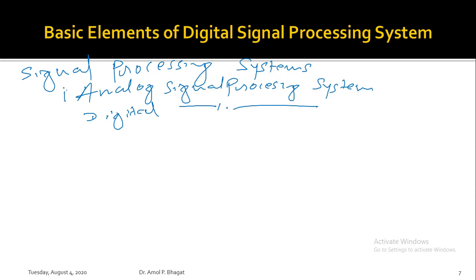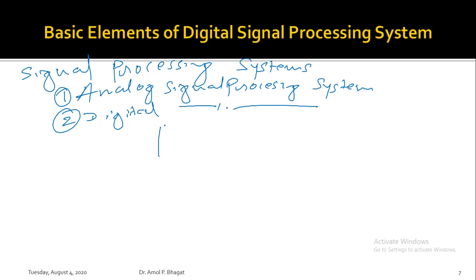So the signal processing system can be broadly categorized as analog signal processing system and digital signal processing system. As we have seen in previous lectures, most of the signals are analog in nature.